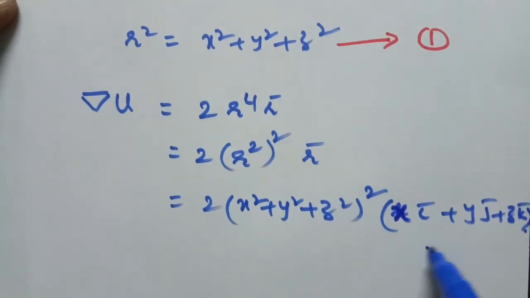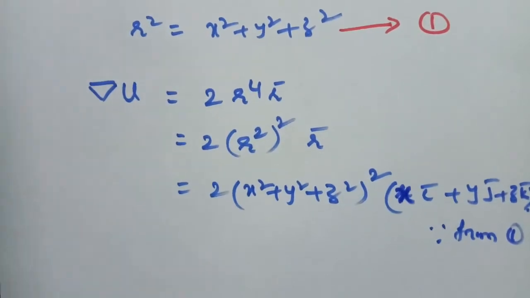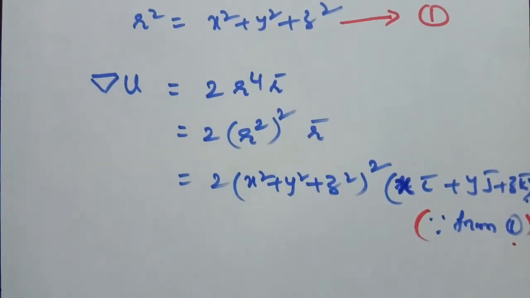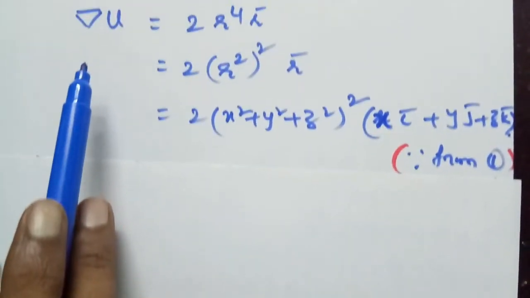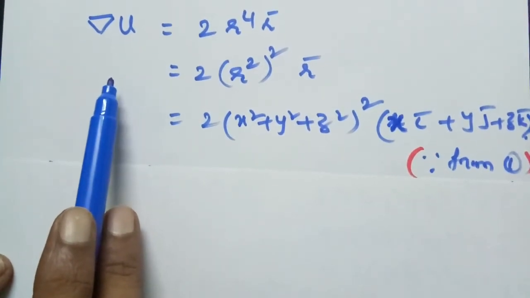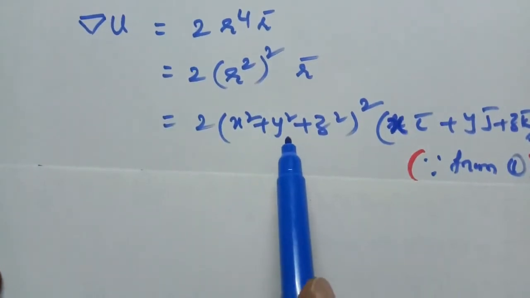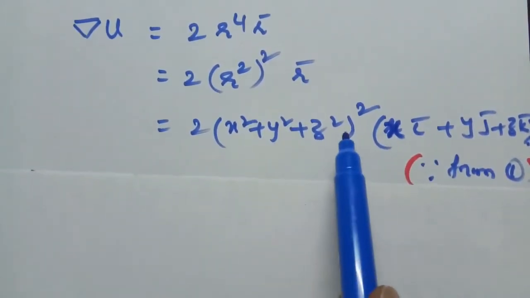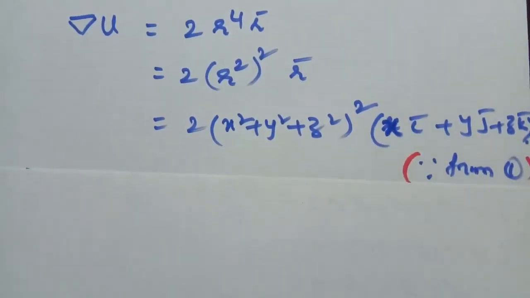Therefore, from 1, r square is equal to x square plus y square plus z square, and r bar is equal to x i bar plus y j bar plus z k bar. Now del u is i bar dou by dou x of u plus j bar dou by dou y of u plus k bar dou by dou z of u, which is equal to 2 into x square plus y square plus z square whole square into x, plus 2 into x square plus y square plus z square whole square into y, plus 2 into x square plus y square plus z square whole square into z k bar.